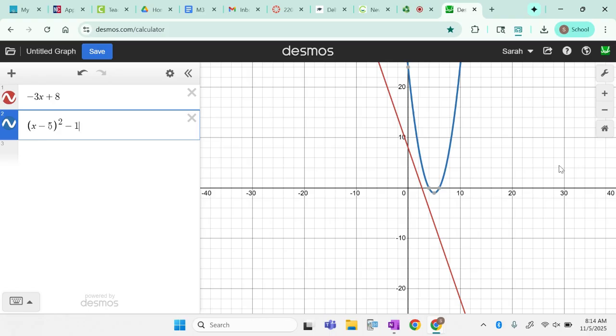What do you think is going to happen? They're not going to intersect. All right, so these are not going to intersect. So technically, if we're talking system of equations, there's no solution.